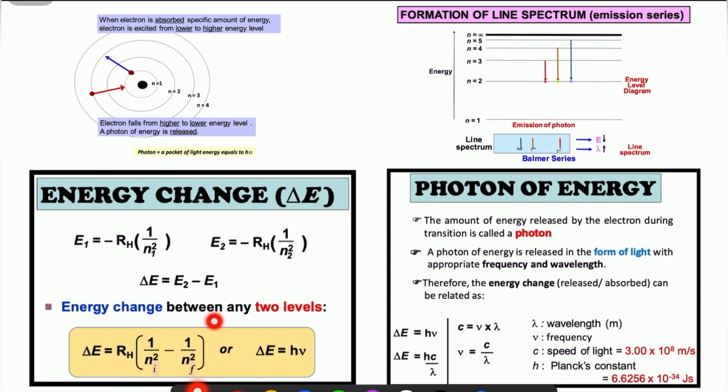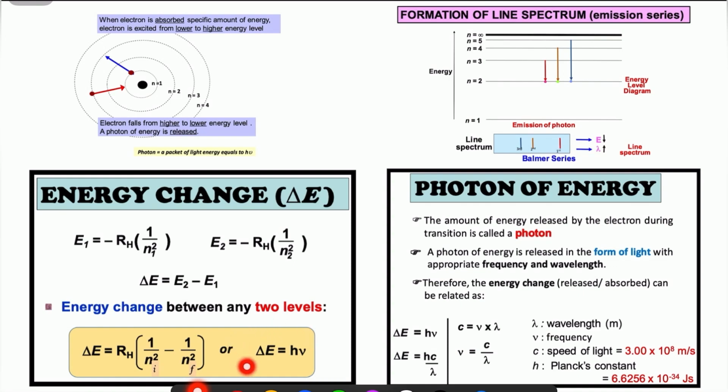So when you use this formula, you will get the amount of energy with a positive or negative sign. A positive sign shows that it is absorption. A negative sign shows that it is emission.